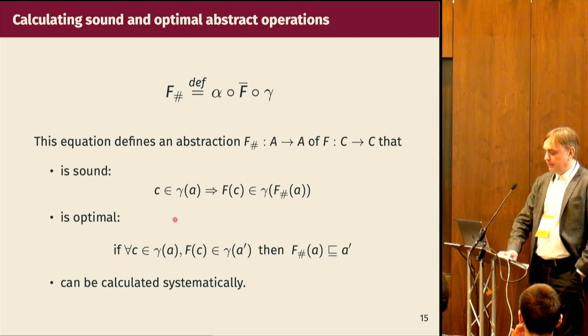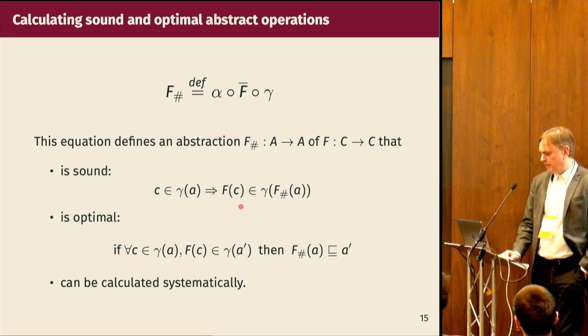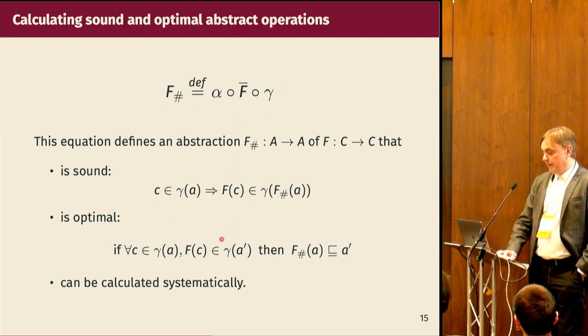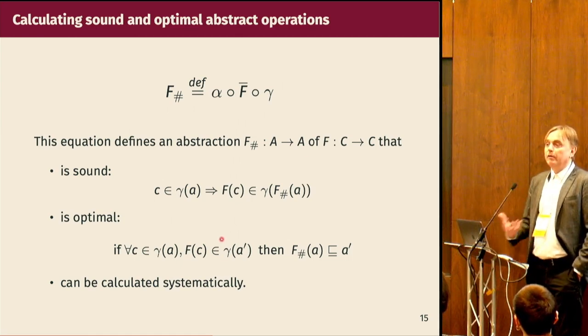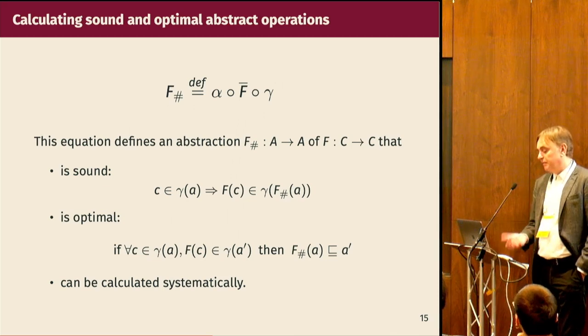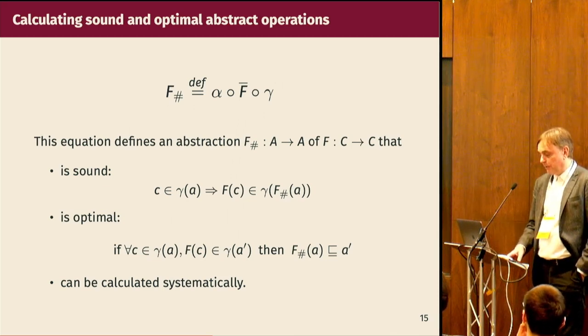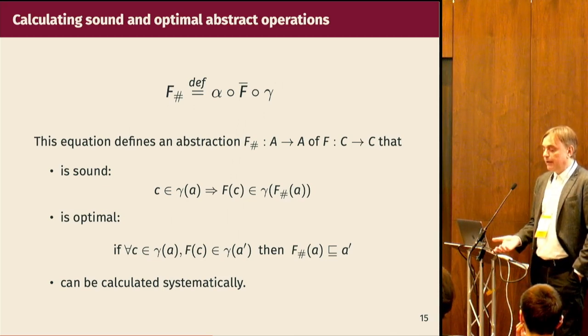So if C is in the concretization of A, then f of C is in the concretization of f sharp of A, and that is optimal. So f sharp of A is the smallest abstract value that has that property, and can be calculated systematically.